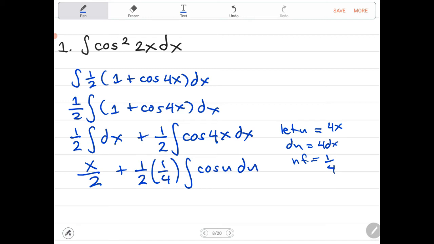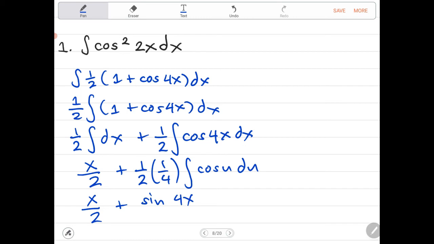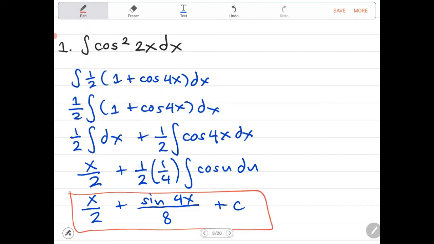Okay? What is the integral of cosine? That is sine. Okay? So for our final answer, that is x over 2 plus sine 4x, because earlier our u is 4x. So sine 4x all over 2 times 4, that is 8, plus c. So now this will be our final answer. Okay? So that is how we are going to do the number 1.